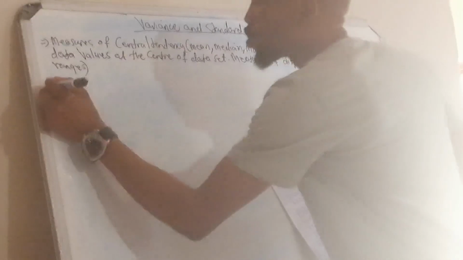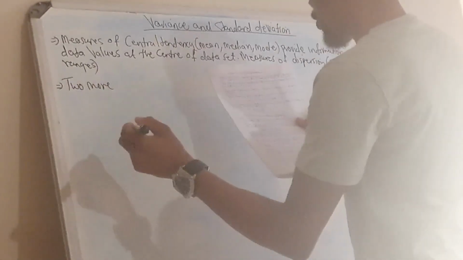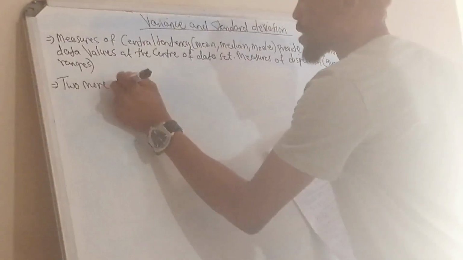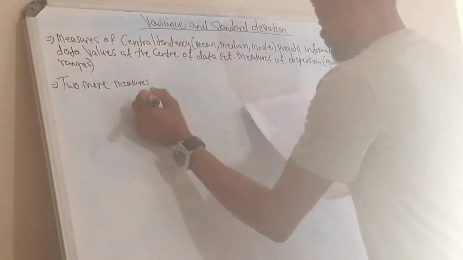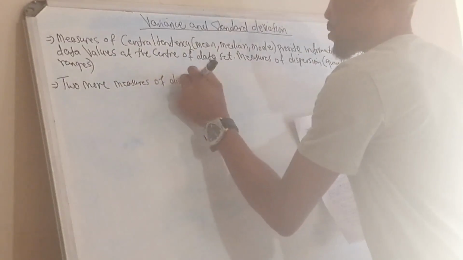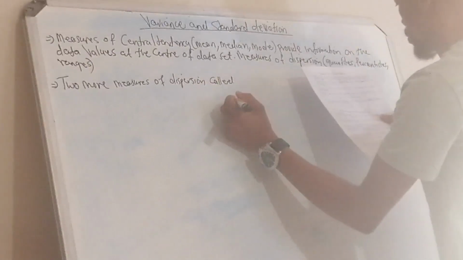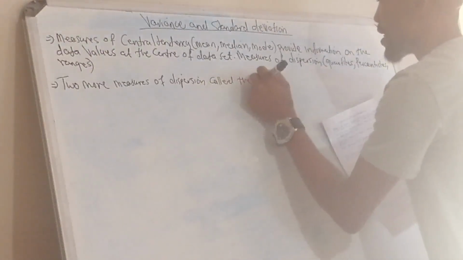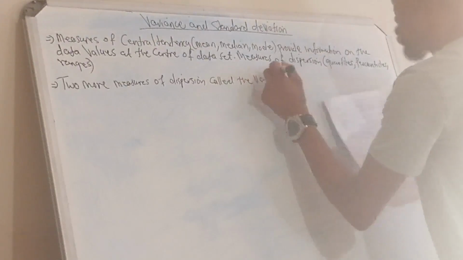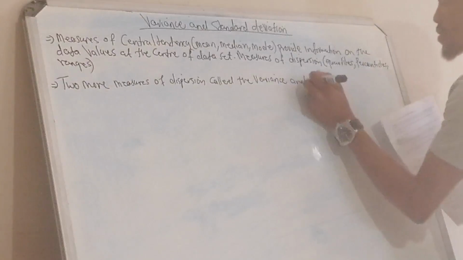And then we still have two more measures of dispersion, which we call the variance and standard deviation.